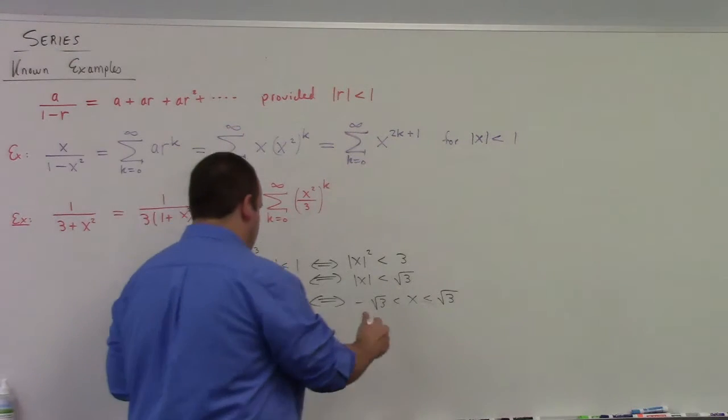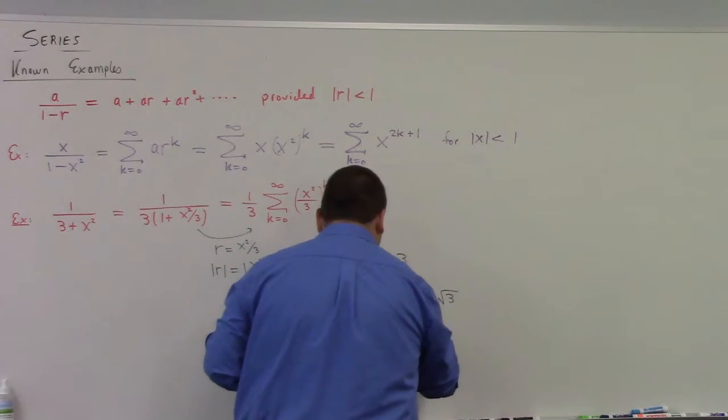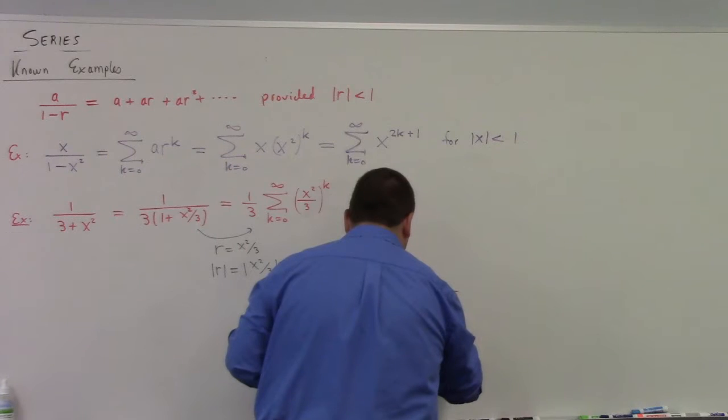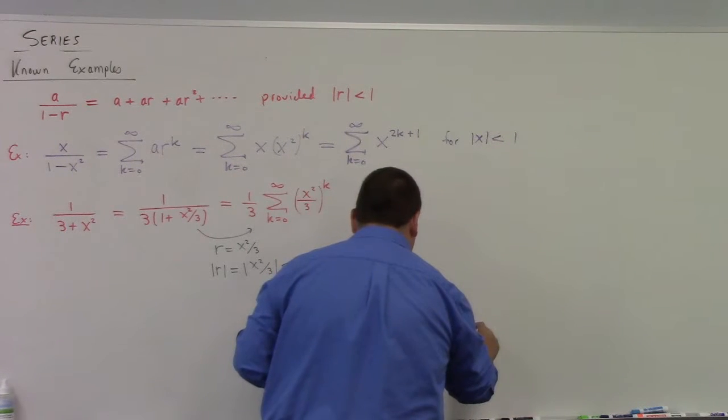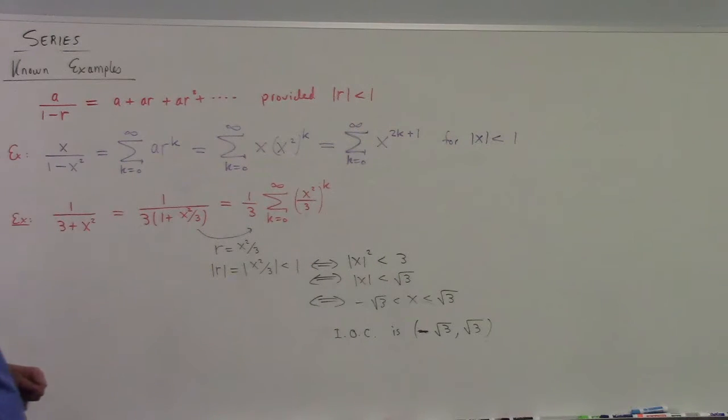So this shows us that the interval of convergence, in interval notation, which seems like a good idea for interval of convergence, huh, is minus root 3 to root 3. That's the so-called open interval of convergence for this series, which also happens to be its interval of convergence because both endpoints diverge in this case. Right? So far, so good?